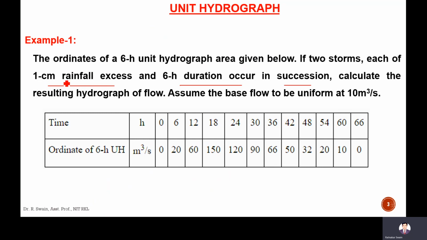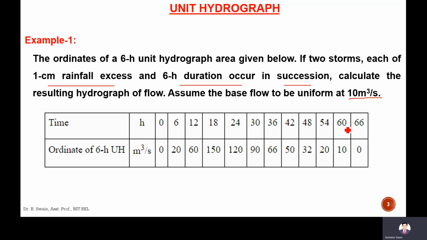It's the same rainfall excess occurring for 6 hours, then after that, for another 6 hours, the same excess rainfall occurs again. Calculate the resulting flood hydrograph, meaning we have to derive the flood hydrograph. Here the base flow is given, which is uniform, 10 cubic meter per second.